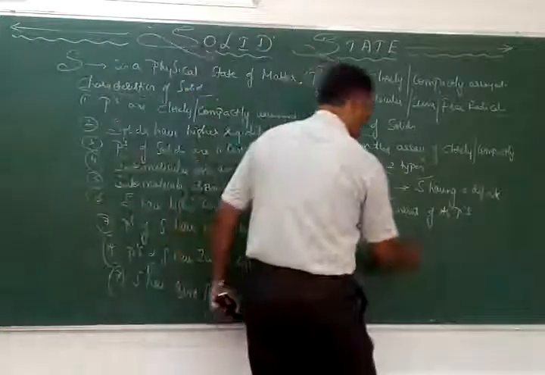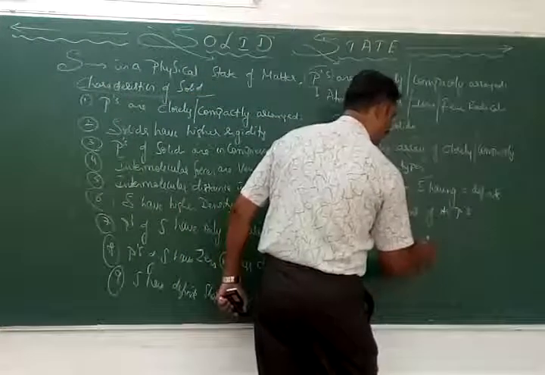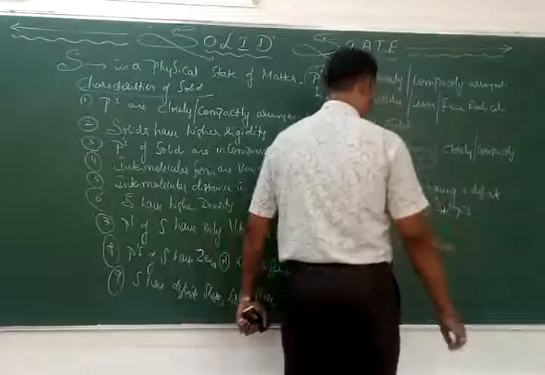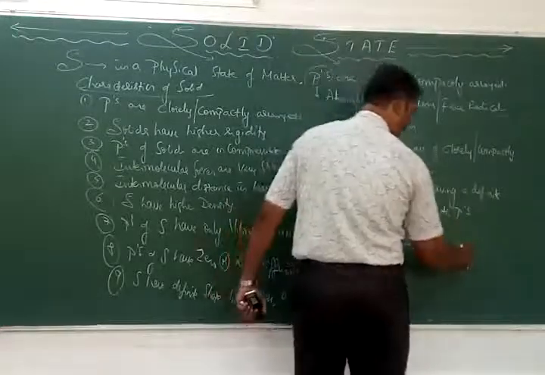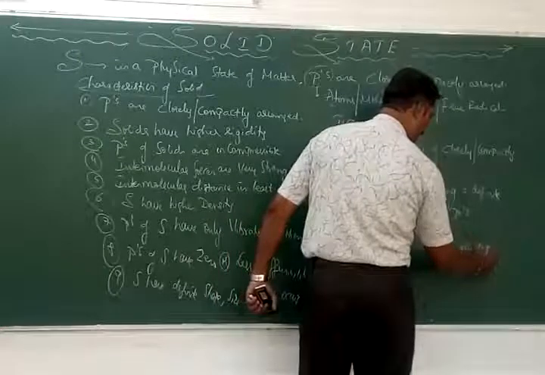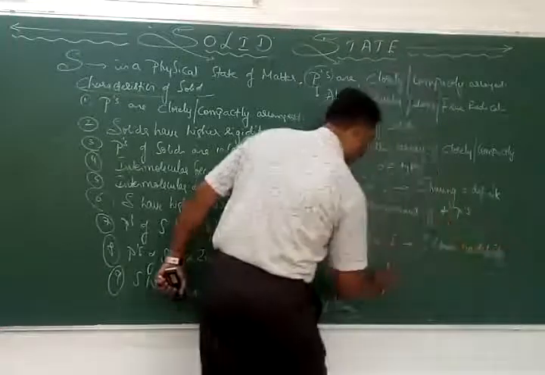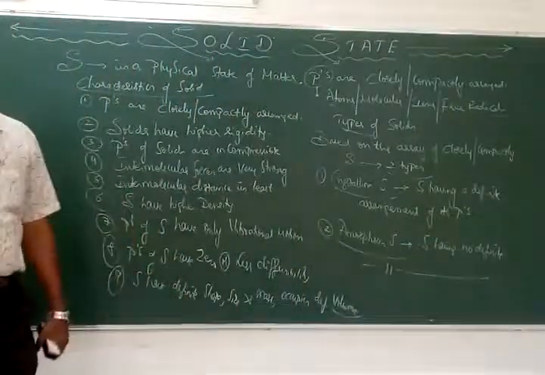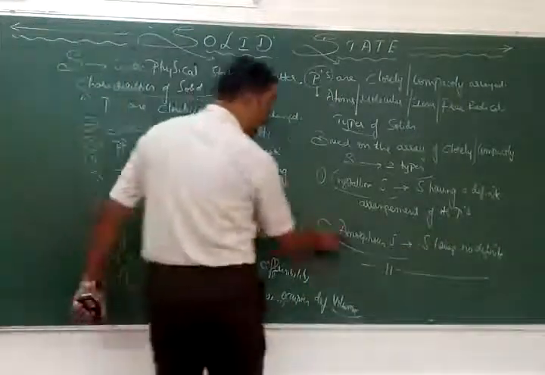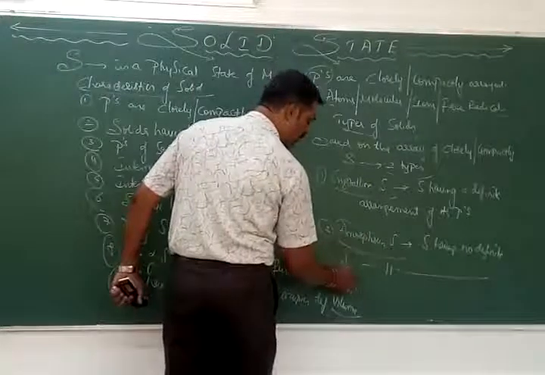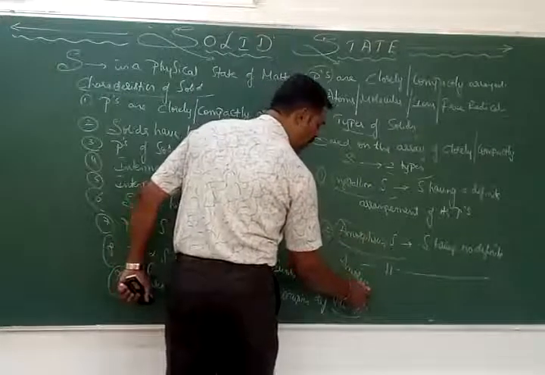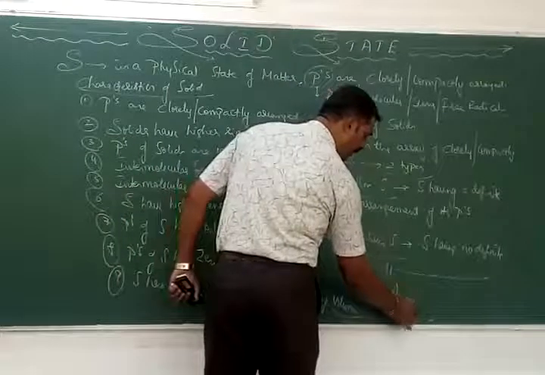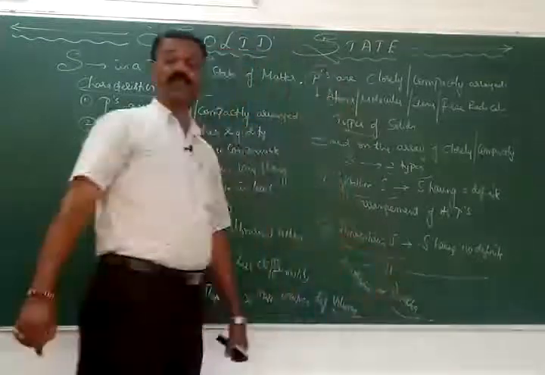Whereas the same solids having no definite arrangement of its particles, then it is considered to be the which one? Amorphous solids. Because this is derived from a word called amorphia, means amoeba. It is referring to a living species in the form of which one?